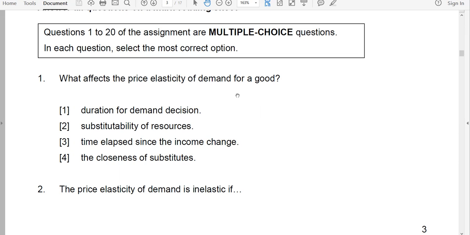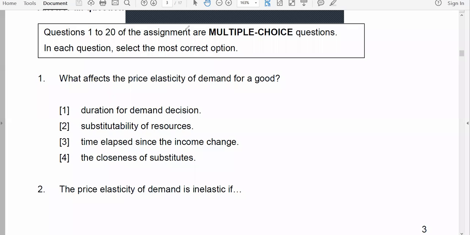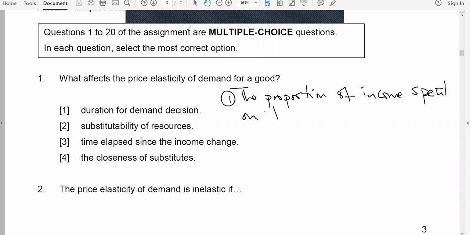If you've watched the video recordings, can you still remember those three things which are highlighted, which affect the price elasticity of demand? Firstly, it depends on the proportion of income spent on the good.